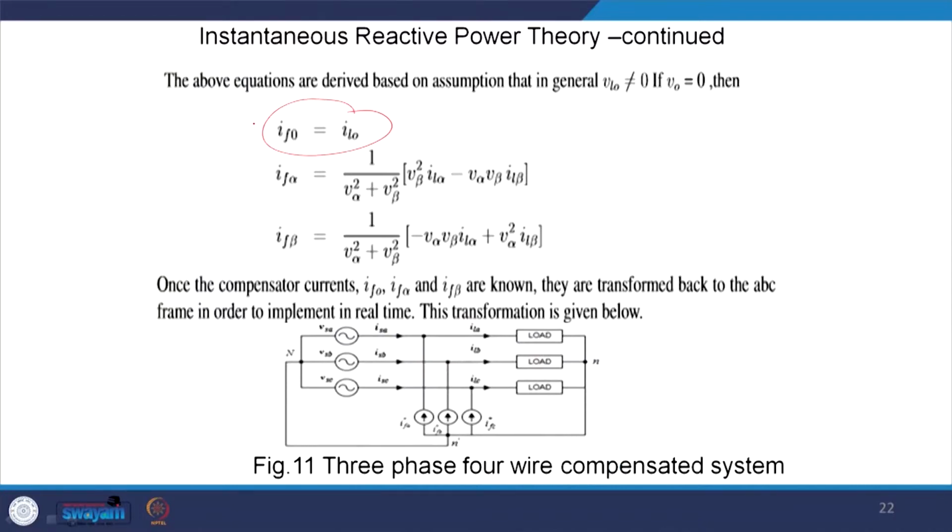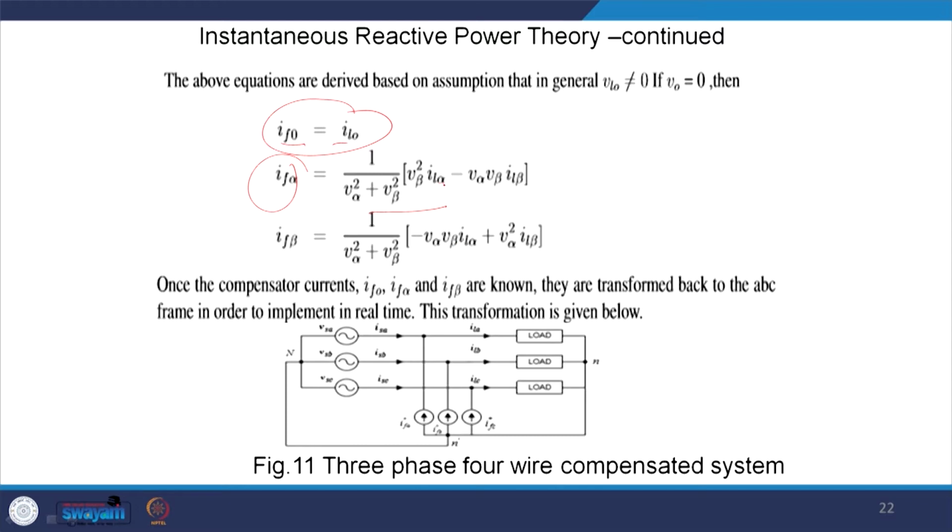Ultimately you know that if you connect a 3 phase 3 wire system, the neutral current will flow through here. So, I F 0 will be essentially I L 0, and I F alpha will have these expressions, and similarly I F beta will have just the negative of it.